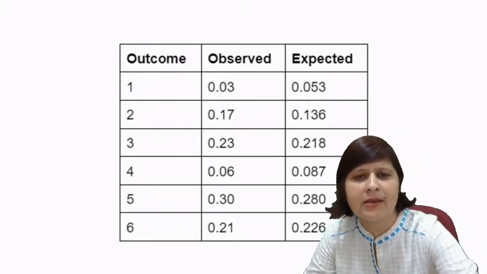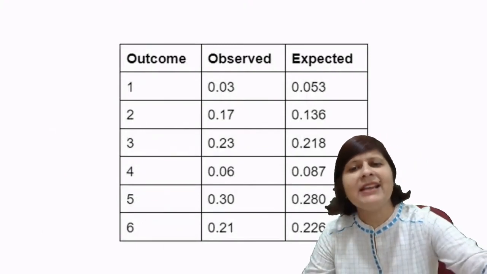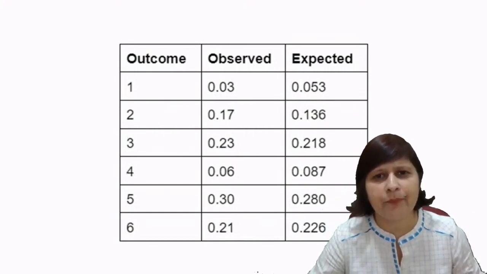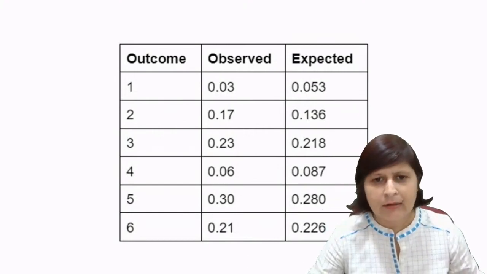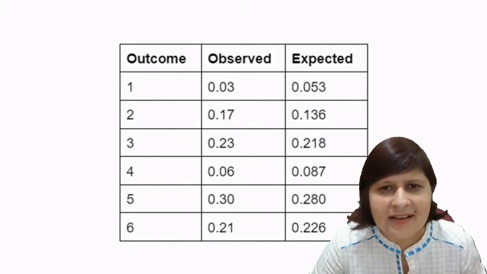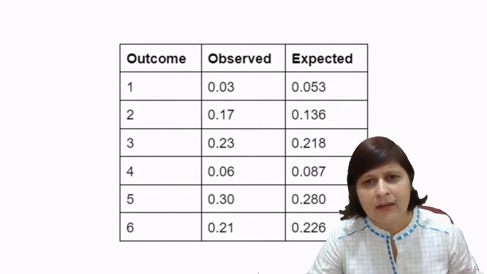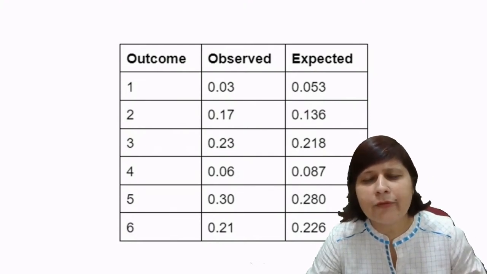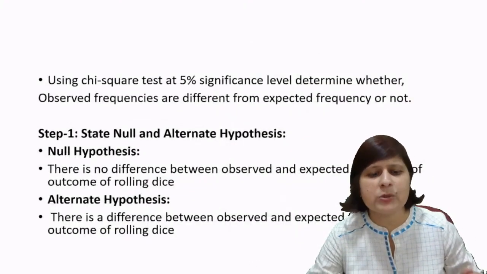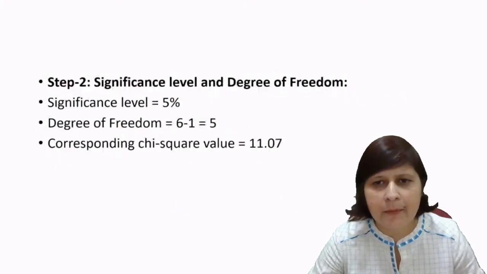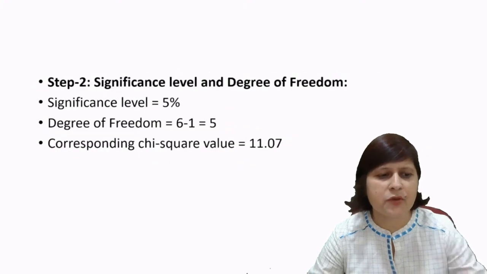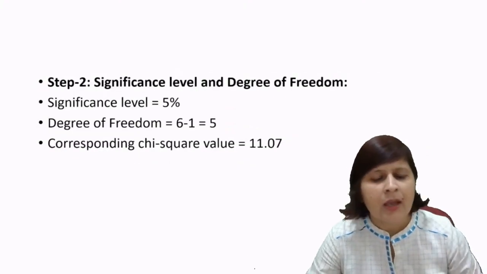Degree of freedom is the number of classes minus 1, k minus 1, where i runs from 1 to k. In this there are 6 classes, so 6 minus 1 is 5, so degree of freedom is 5.